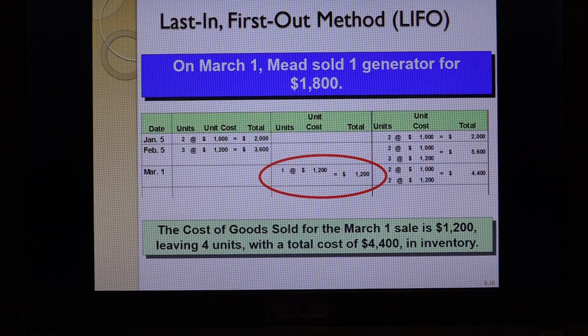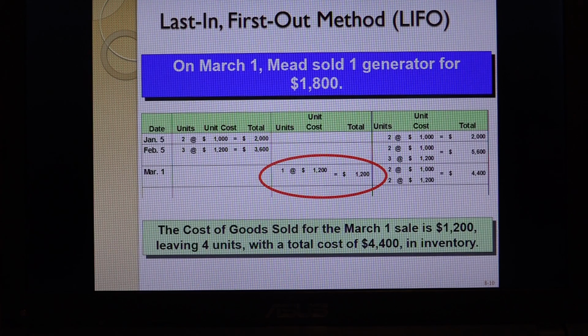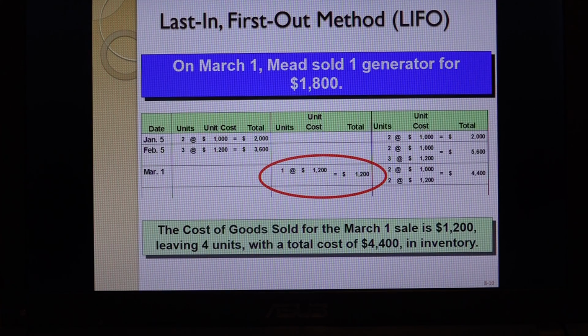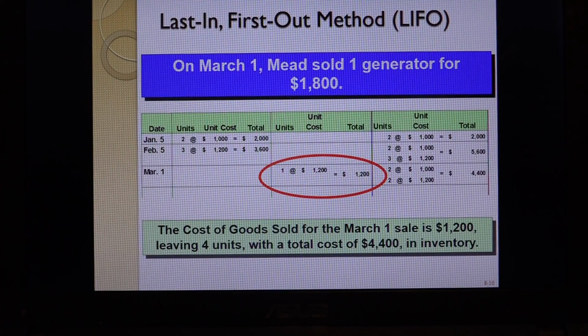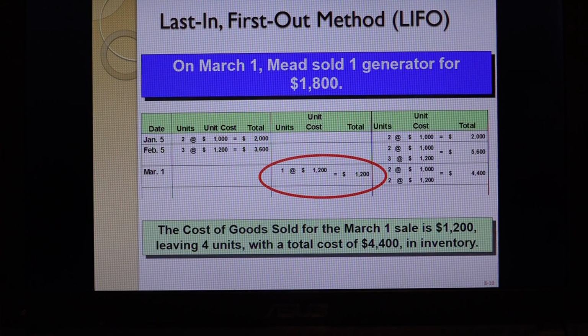Is it a good argument? I don't know. I could see that there are some reasons why you don't want to do this. In the international accounting arena, LIFO is not even allowed. So we're about the only country that allows LIFO.